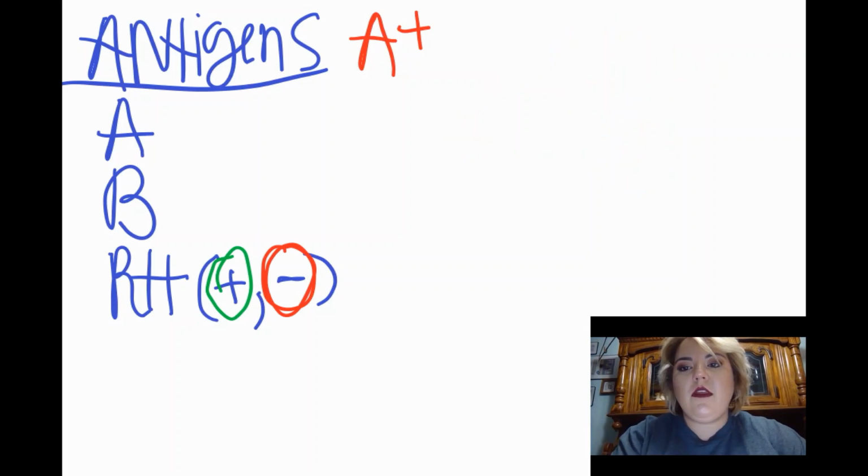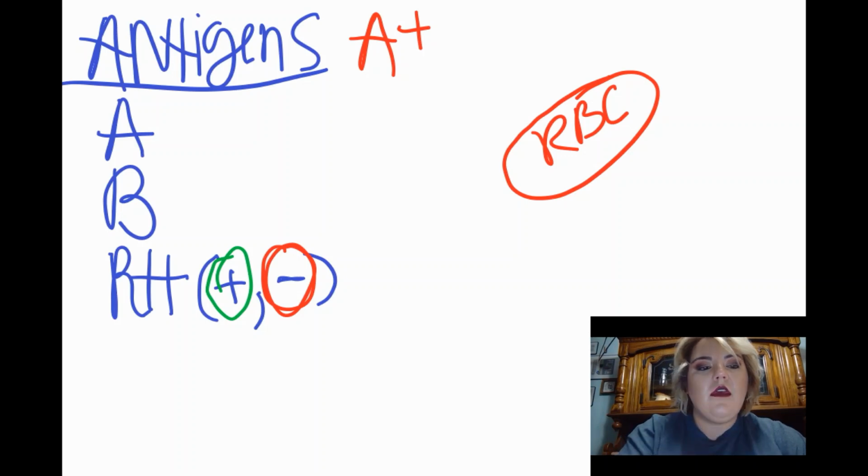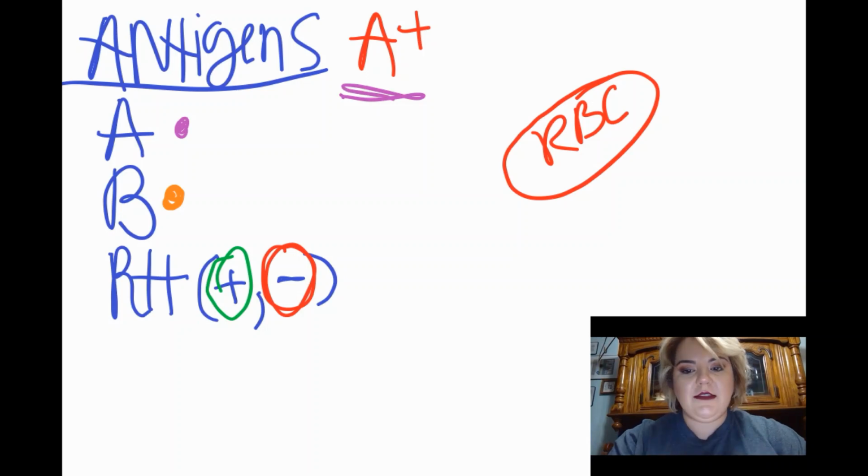So for an example, let's say that we'll use A positive blood, okay? Just for a quick little example here. So here's our red blood cell, and we're looking for our antigens that we have. So we'll use orange for B. We will use, I don't know, let's use purple for A. And we're trying to find it for A positive, right?